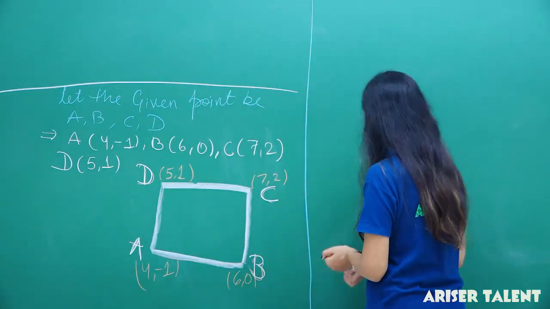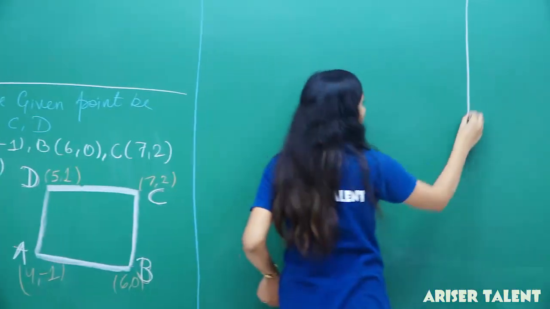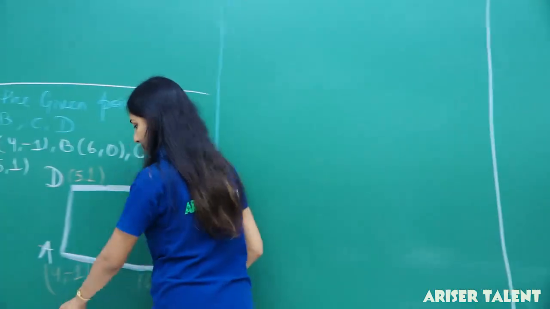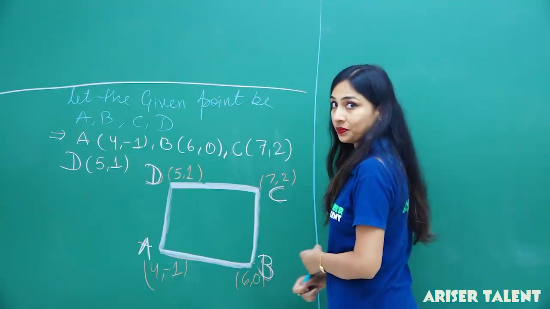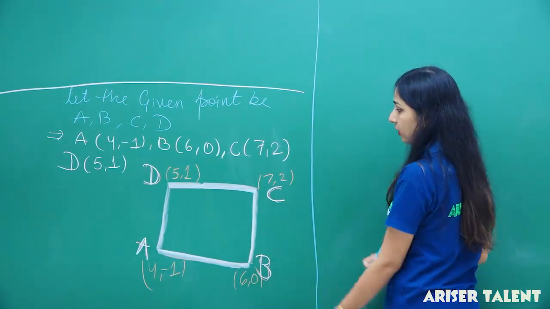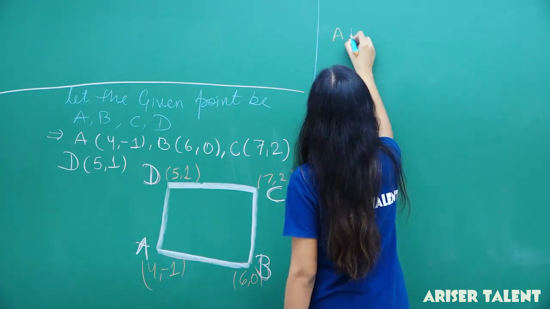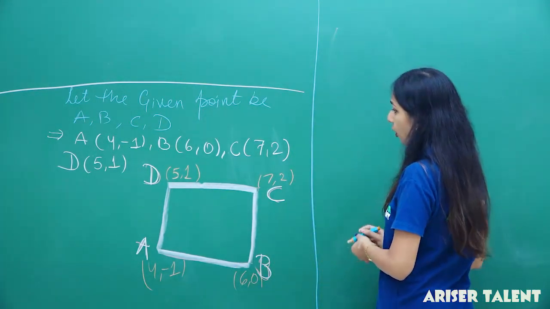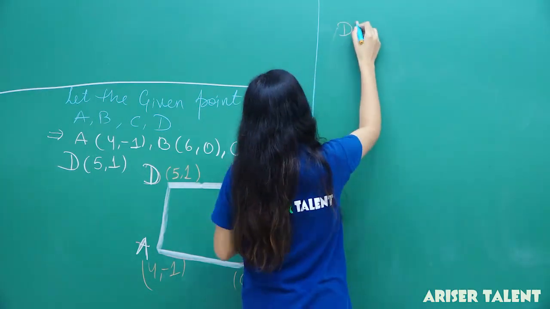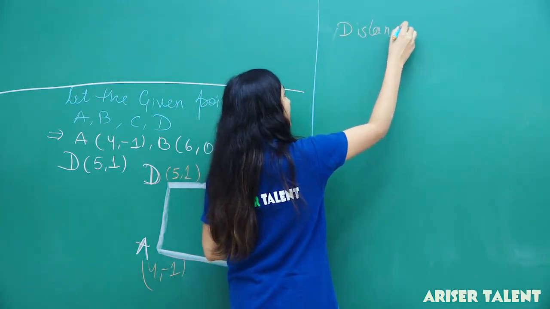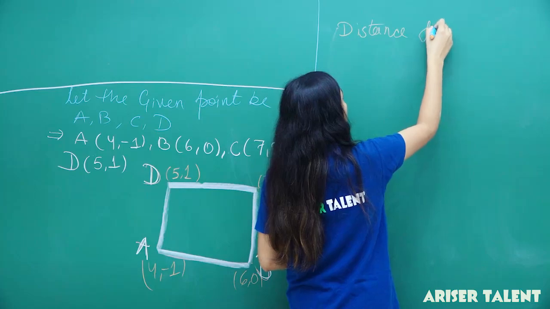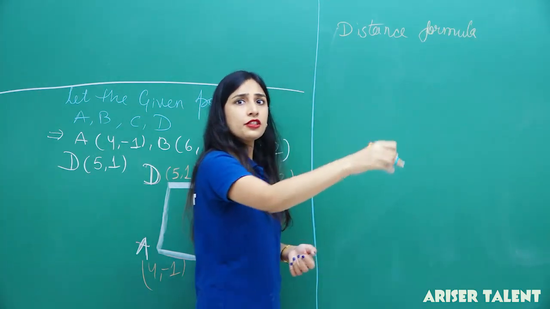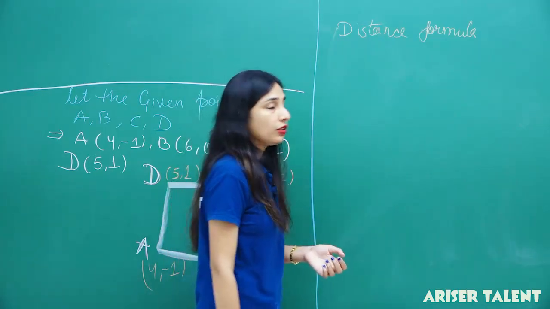Okay, so what we will do now, first we have to find out AB. First we'll write the distance formula. We have talked about distance formula in Session 2 of this chapter, right?